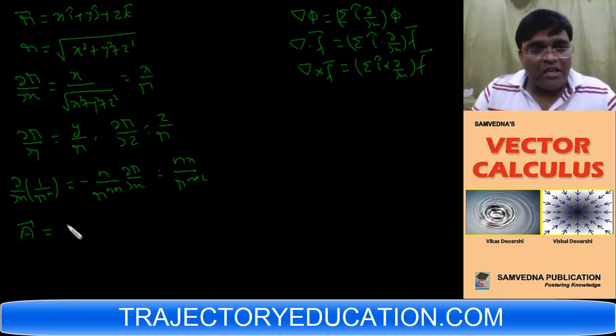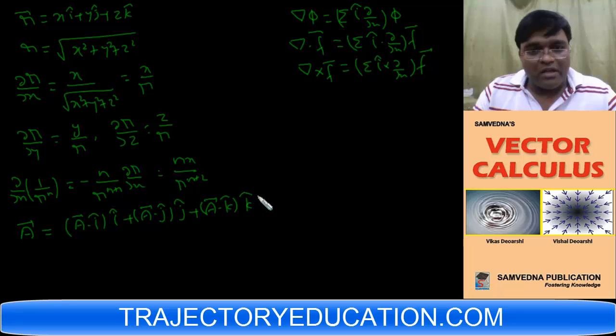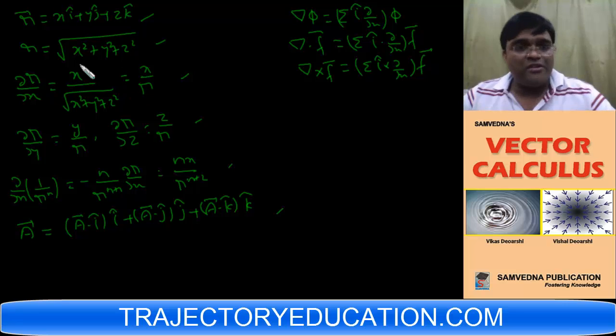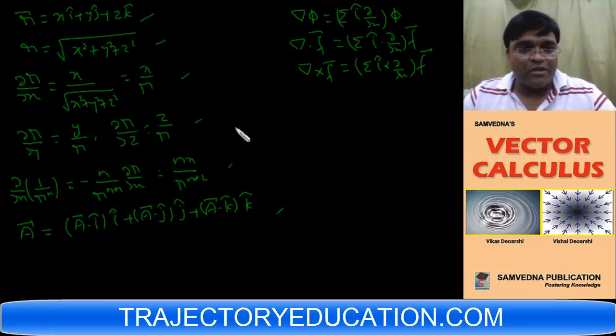Similarly, you must remember a equals a dot i, which is the x component of a, times i, plus a dot j times j, plus a dot k times k. Remember all these things, that will help you. This must be at your fingertips, you don't have to think while applying all these things. These are very, very important while solving the problem.